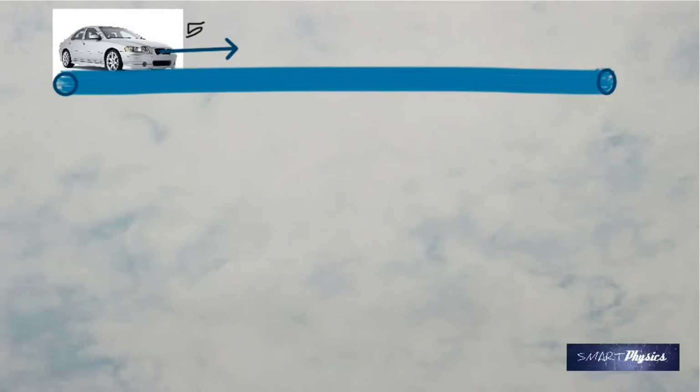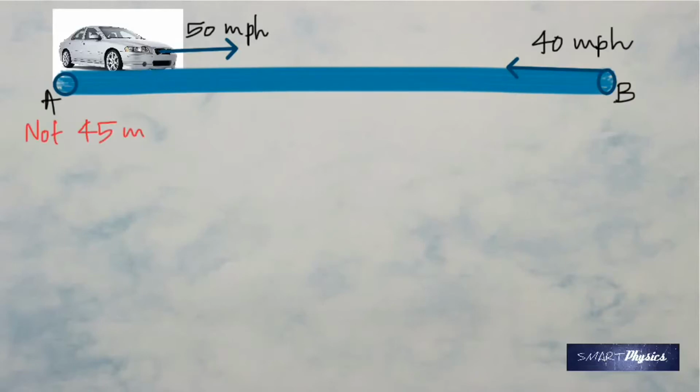In this one, you have this car moving from town A to town B at 50 miles per hour, and then it doesn't stop there. On reaching town B, it goes all the way back to town A at 40 miles per hour. We have to find the average speed, and like I said before, it's not 45 miles per hour.